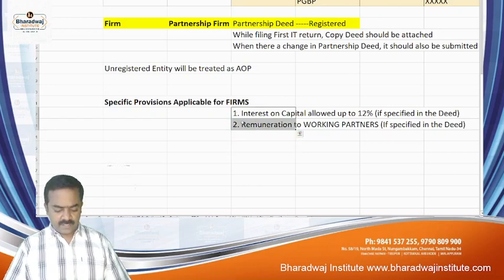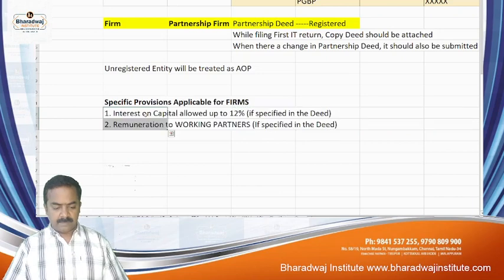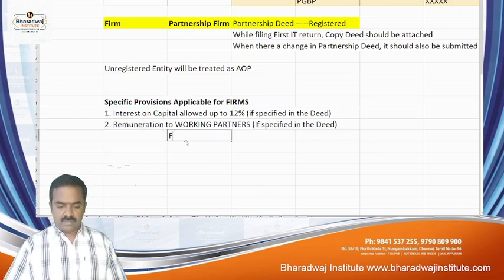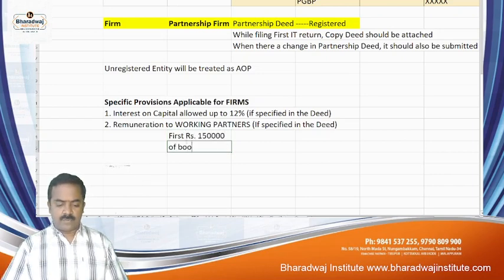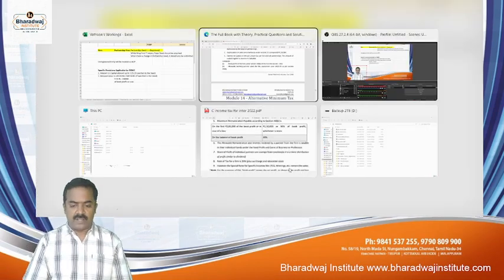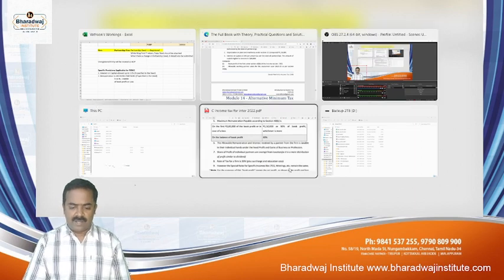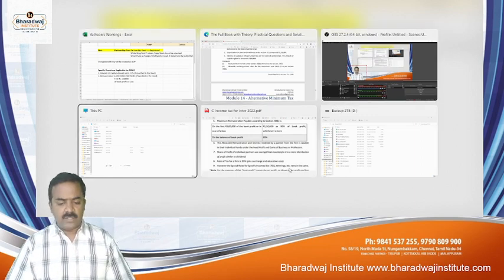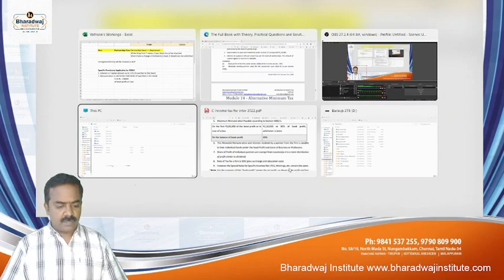Working partners if it is specified in the partnership deed. How much is allowed? First, rupees 1,50,000 of book profit, or in case of which one? Loss. Then you can, sorry, I made a mistake.